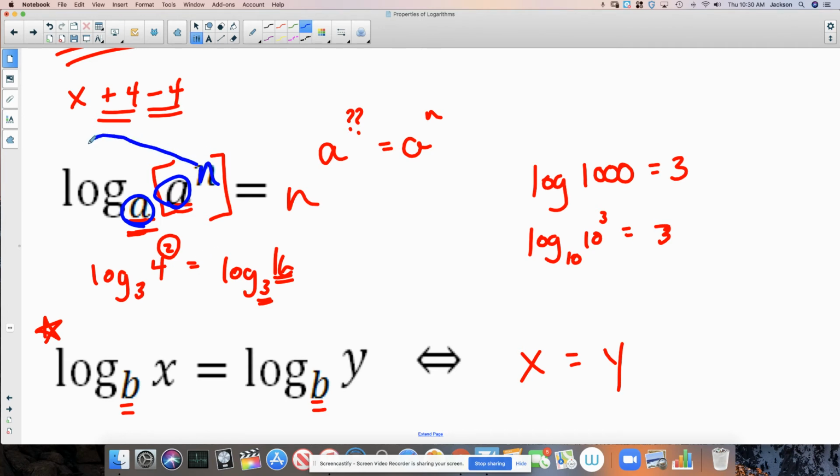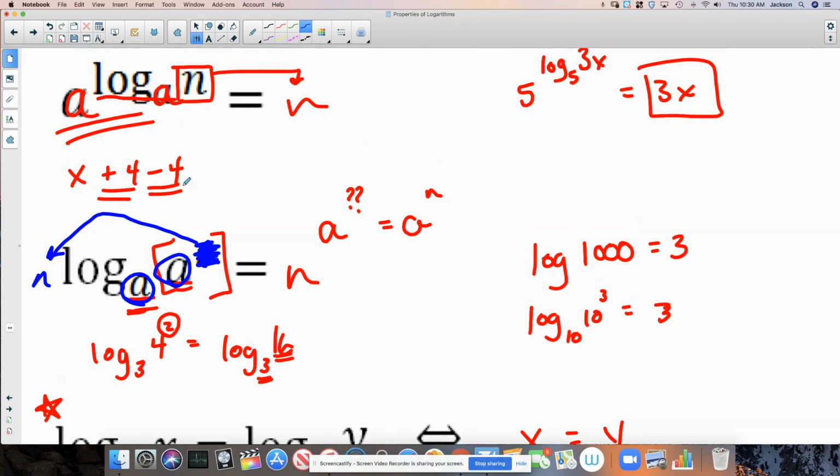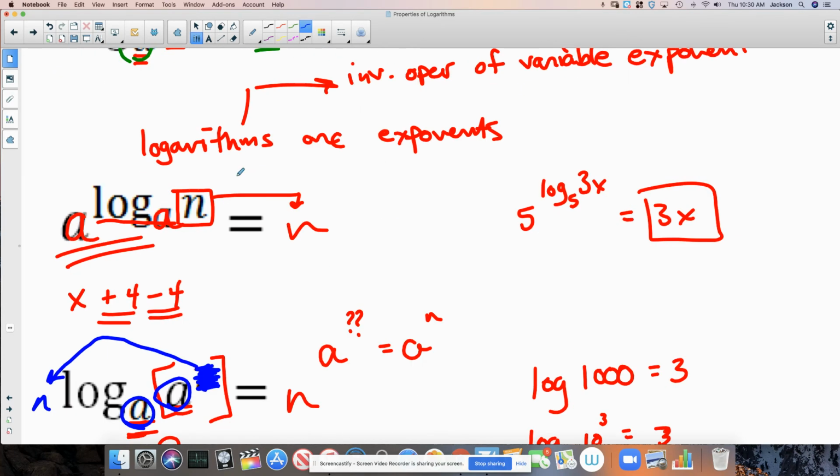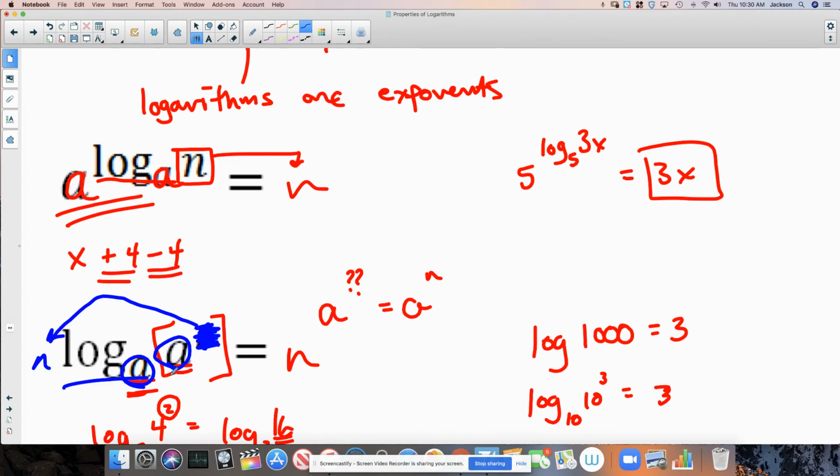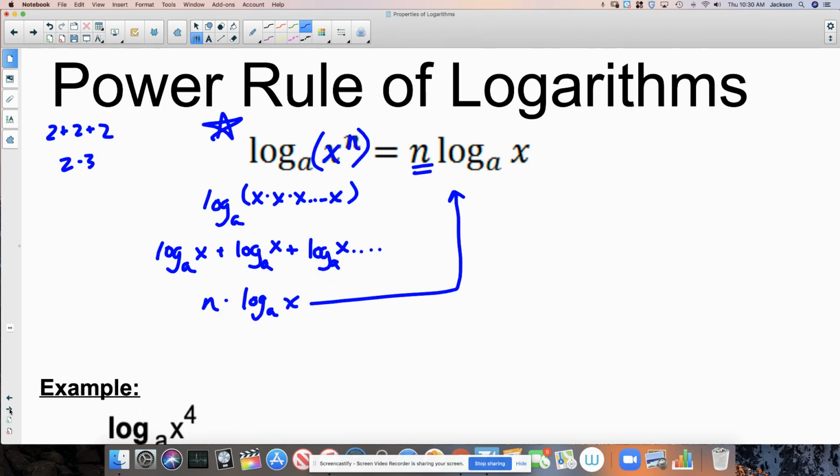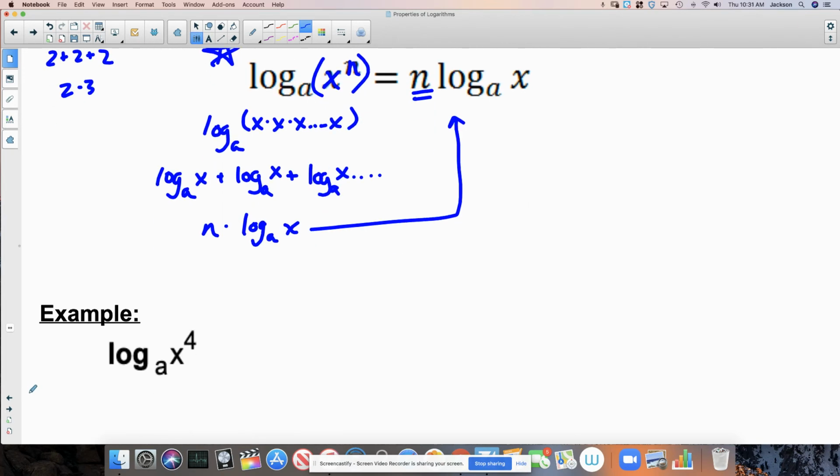It says if there's an exponent here, put it in front, right? And what would log base a of a be? Well, we have that property too right here. So that's 1. So this statement is equal to 1 times n. That's where the n comes in. So there's just one implication of how this works. Just wanted to reemphasize the fact that these don't have to match.